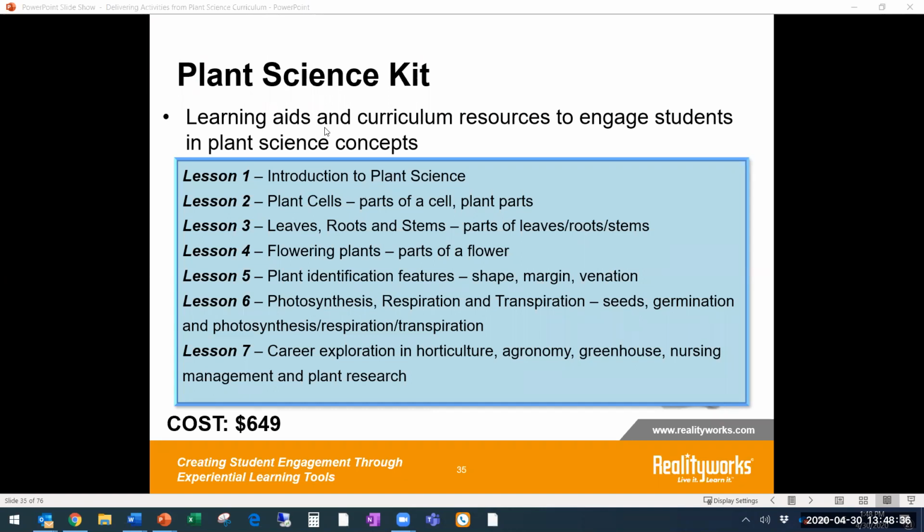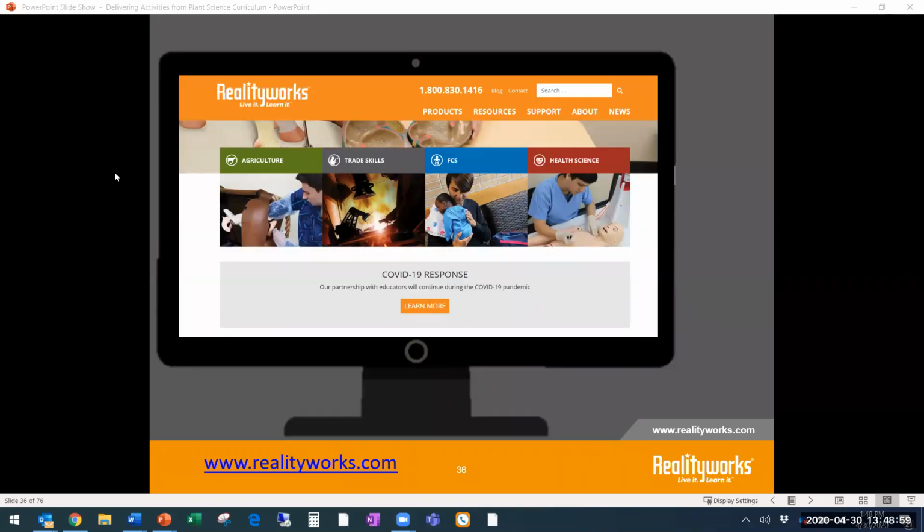But all of the lessons 1 through 7 have worksheets, PowerPoint slides, interactive activities, note-taking activities, and group activities, different things for you and your students to work on and use, again, all online. All you have to do is go to our website, Realityworks.com, and go to that COVID-19 response, and then all that is there for you to grab.